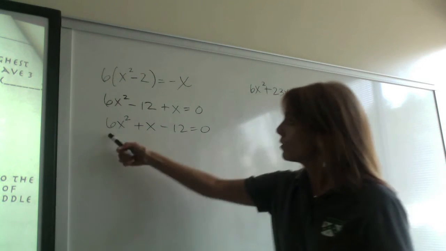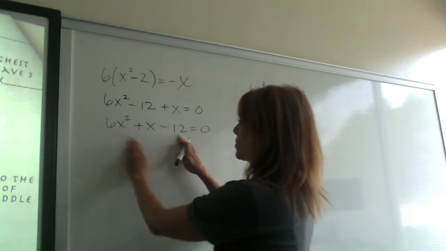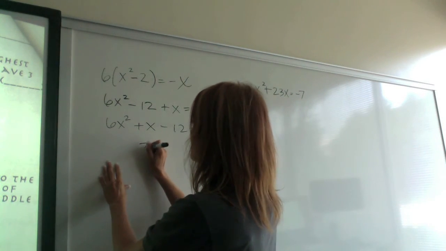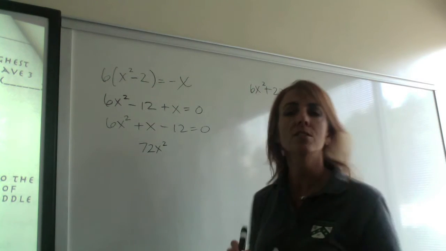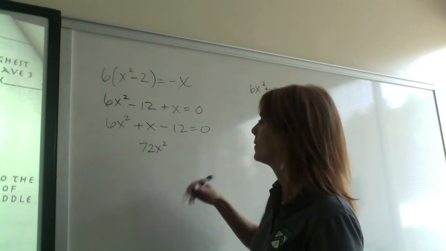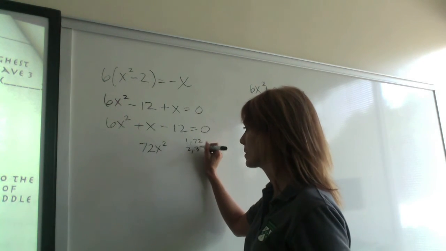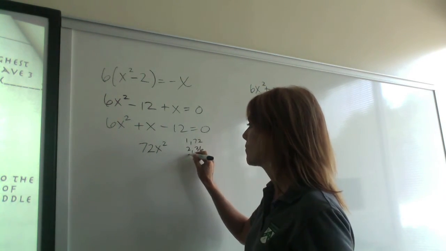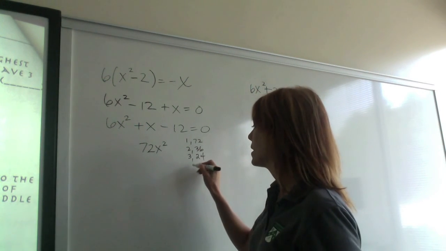So I'm going to go ahead and multiply these two things together, and I have 72x squared. And I want to think of factors of 72 that subtract to make 1. Well, definitely I've got 1 and 72, and I've got 2 and 36. I think I have 3 and 24, and 4 and 18.